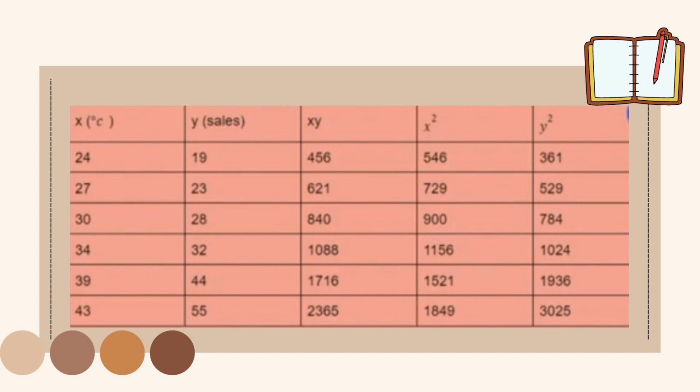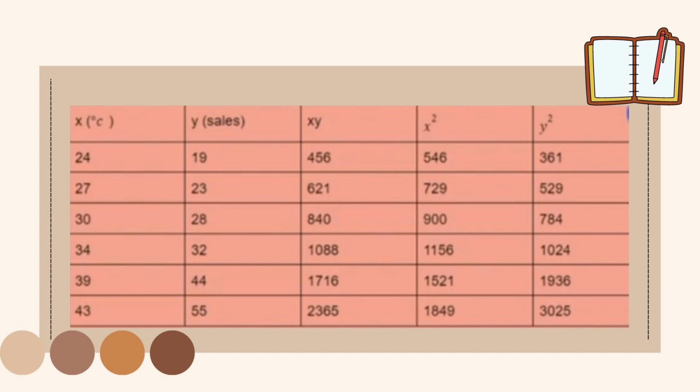After nun, kailangan mong ipag-total lahat by row. 24 plus 27 plus 30 plus 34 plus 39 plus 43. 19 plus 23 plus 28 plus 32 plus 44 plus 55. Sa x and y naman, 456 plus 621 plus 840 plus 1,088 plus 1,716 plus 2,665.